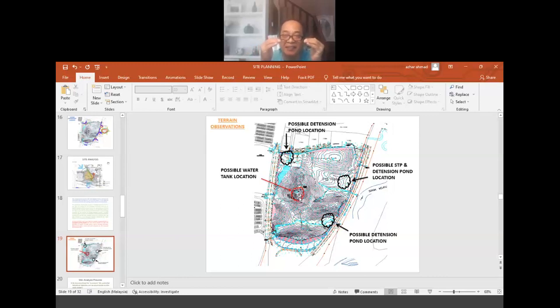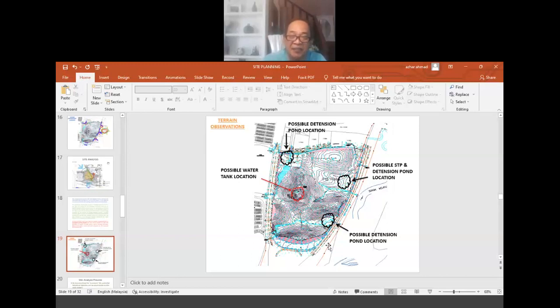It means there is no cut and fill at the peak of the hill, or it might be slightly lowered from 41, say the proposed level at this position to be around 39, for example. So there's not much cutting. We still maintain the highest level at 39, for example.